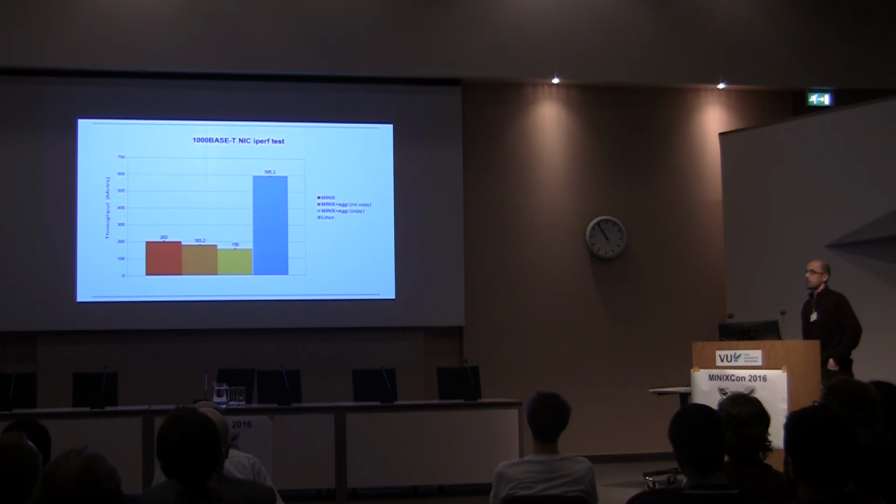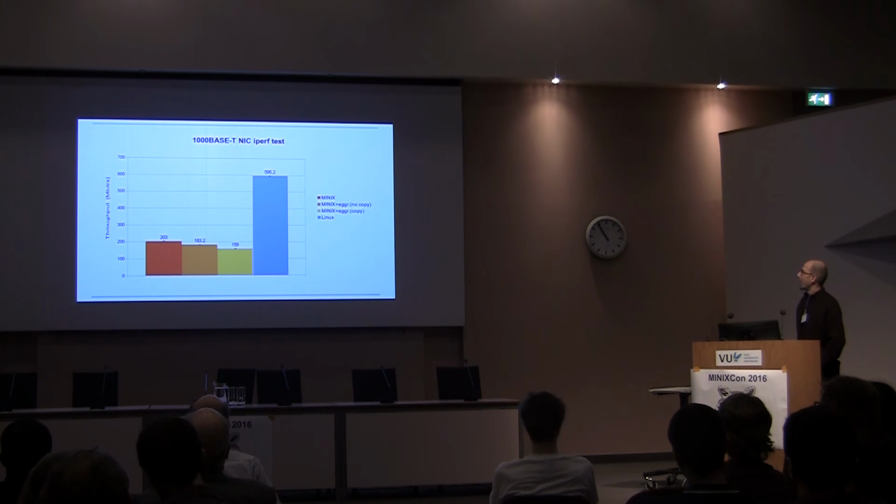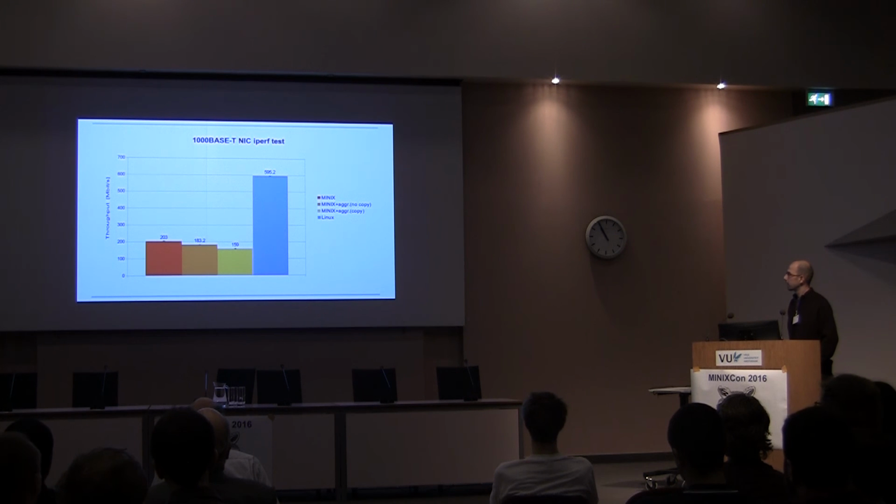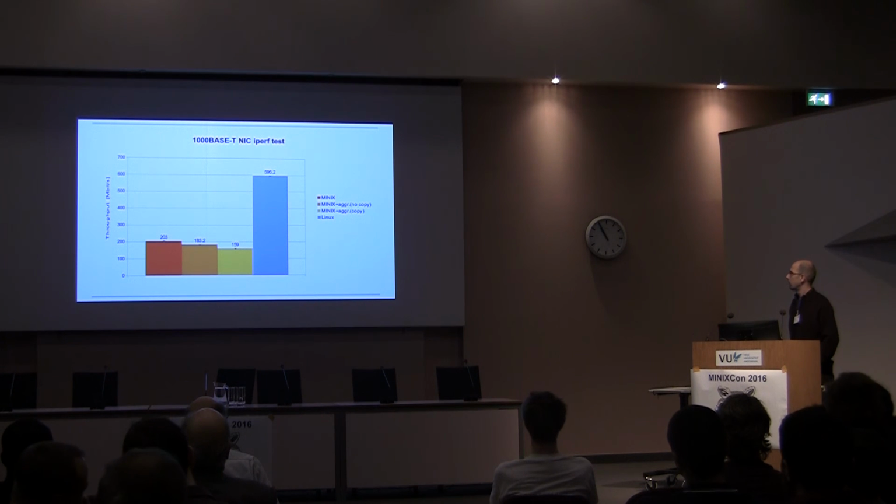Well, the gigabit situation is a little bit different, right? Linux pushes it up to the limit of the PCI bus, while Minix lags behind, which is not too bad, I would say.